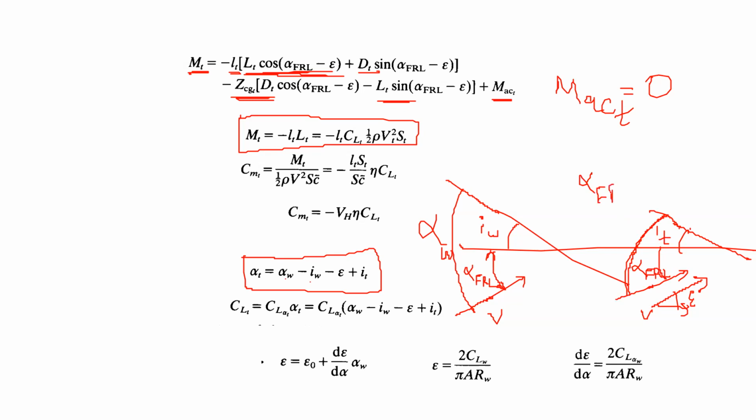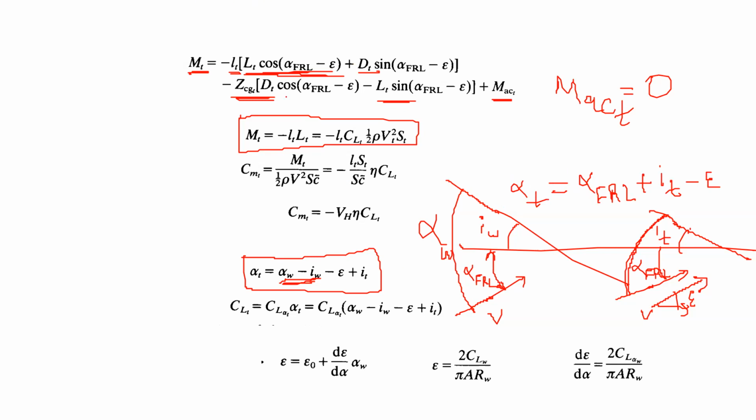Alpha from the fuselage reference line for the wing, which was this number, alpha W minus IW. You add IT to it, and then you know that downwash is decreasing your angle of attack by some epsilon. So we will quantify epsilon also, but right now, consider this is the number. Now this is your angle of attack experienced by the tail, right?